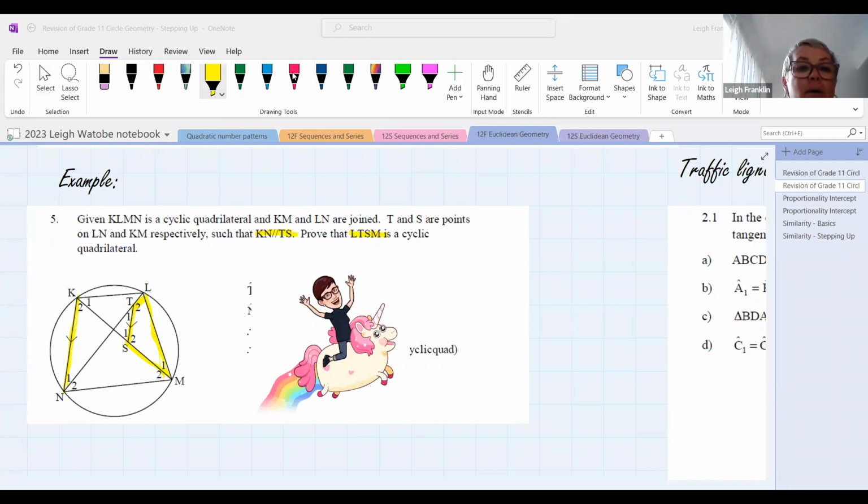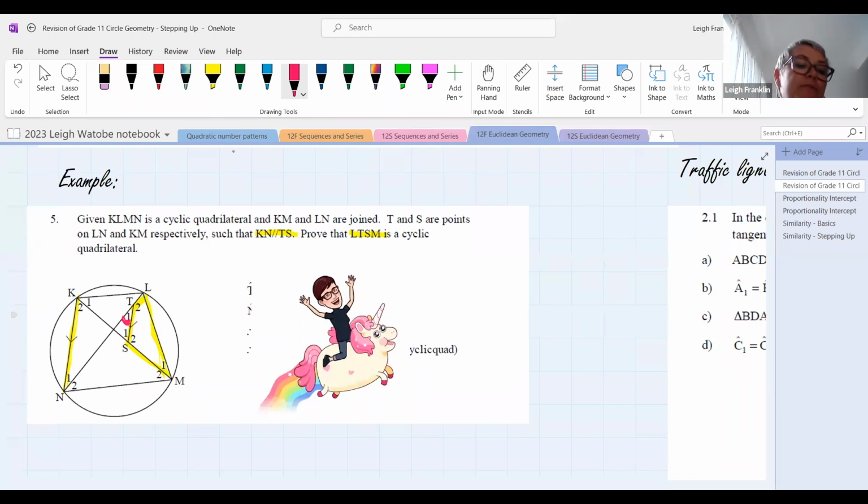Okay, now, if we have a look, T1 is an exterior angle because it is on the same line as LT. LT has been extended and T1 is on the outside. If I can prove that T1 equals which angle, then I've proved that the quad is cyclic?